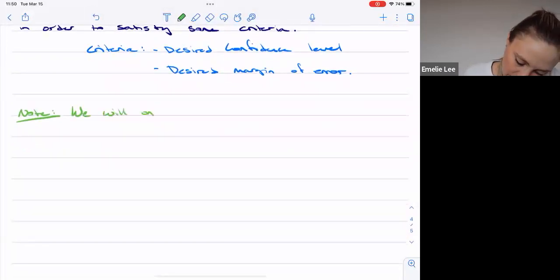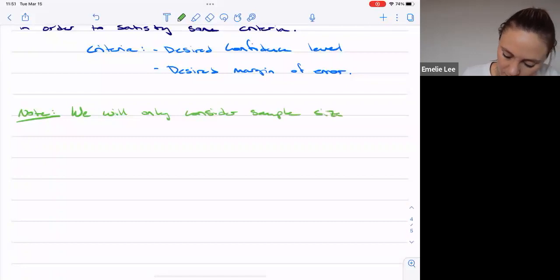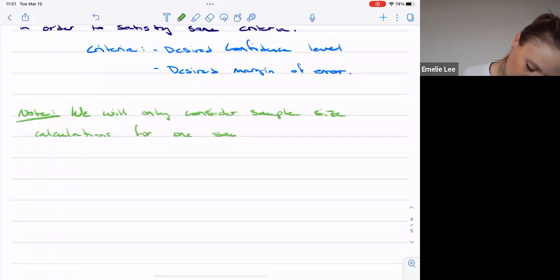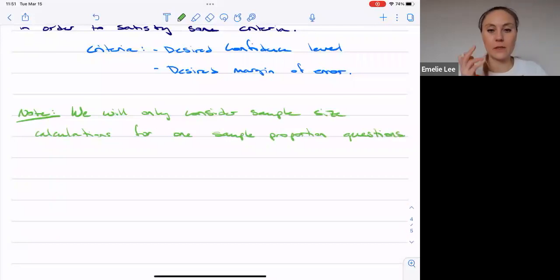We will only consider sample size calculations for one sample proportion questions. So this is the only type of question where we're going to be able to do a sample size calculation.